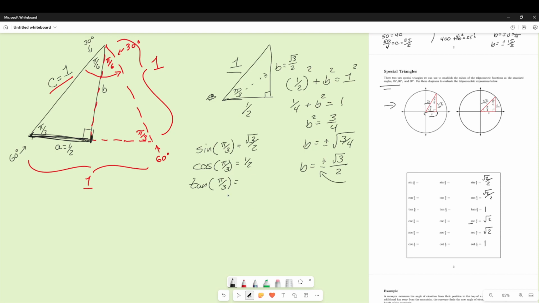Tangent of pi over 3, well, opposite over adjacent, so the square root of 3 over 2 over 1/2. Clean that up by multiplying by 2, and we'll get the square root of 3 over 1, or just the square root of 3. And you can do all their reciprocals. Make sure you rationalize them to fill out your table.